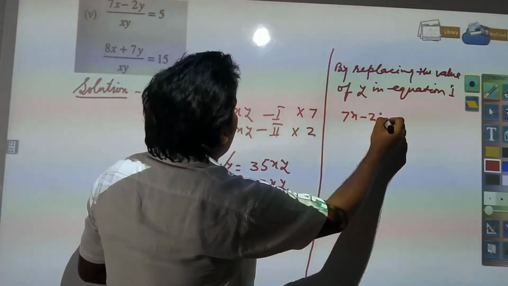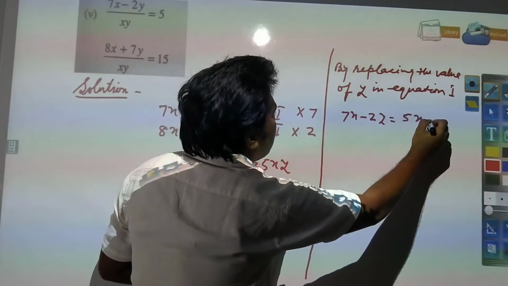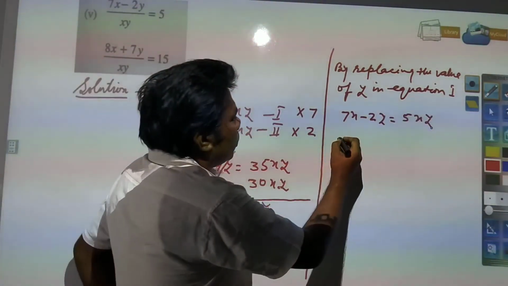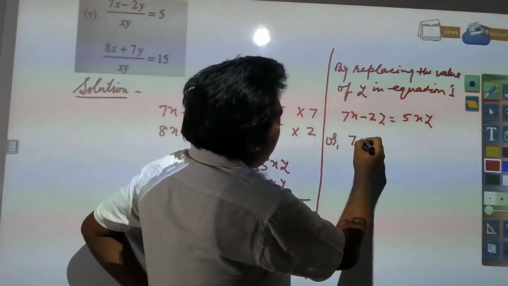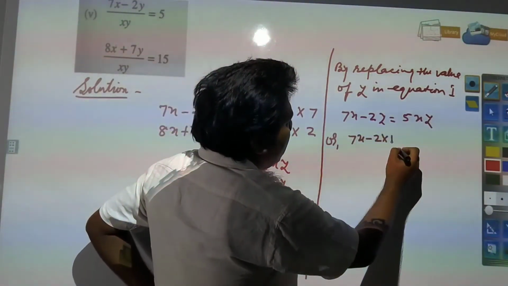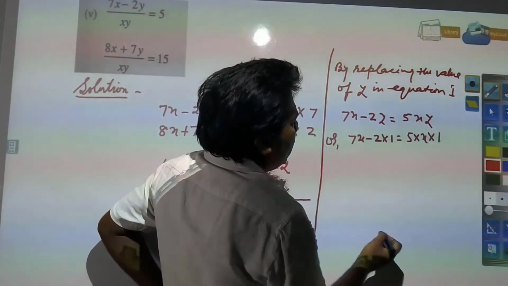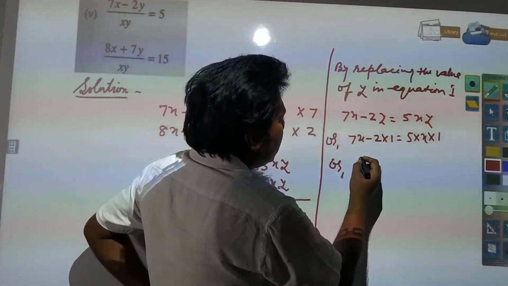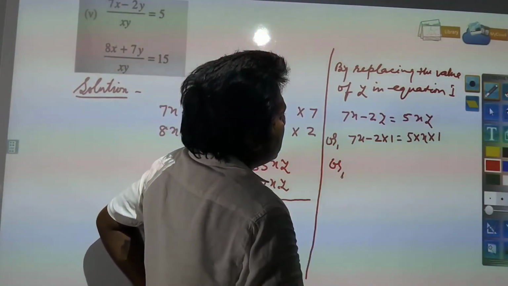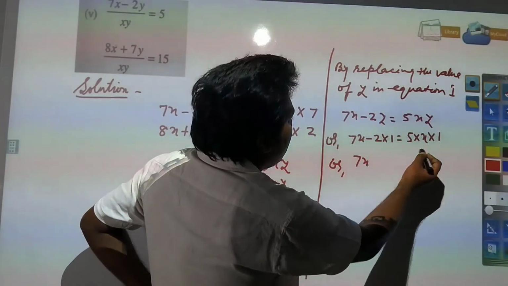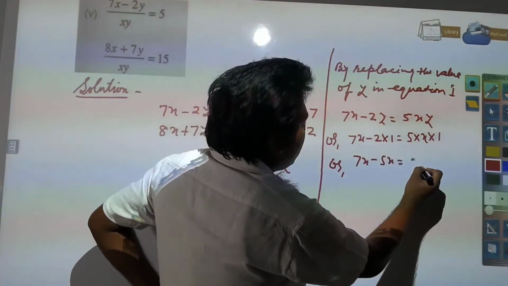7x minus 2y is equal to 5xy. Now y we have 1, so 7x minus 2 into 1 is equal to 5 into x into 1, or you will get 7x minus 5x is equal to 2.